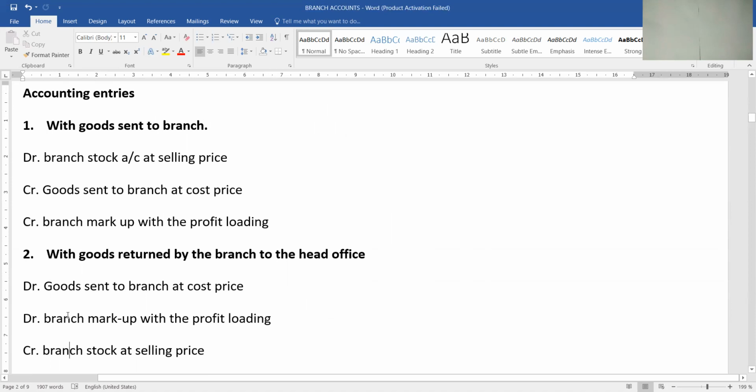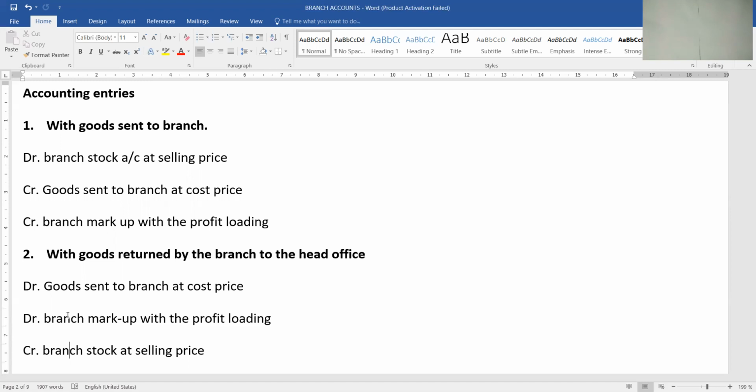So now, for the dependent branch, it's a very easy question you could find in your exam, because what you need to understand is the accounting entries you are supposed to make. Like now, with goods sent to branch from the head office, you debit your branch stock account at selling price, because obviously you have to increase the stock account, the inventory account, because you have received goods.